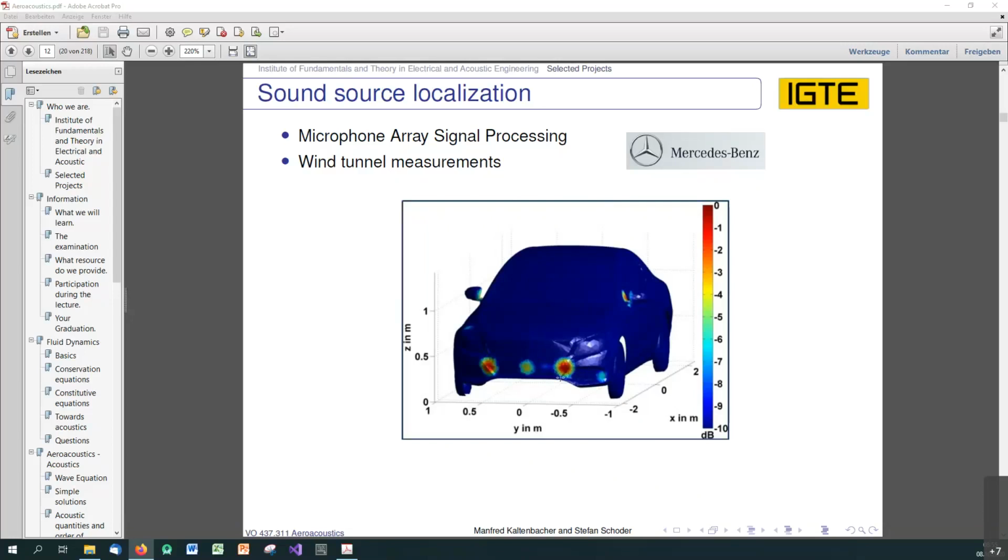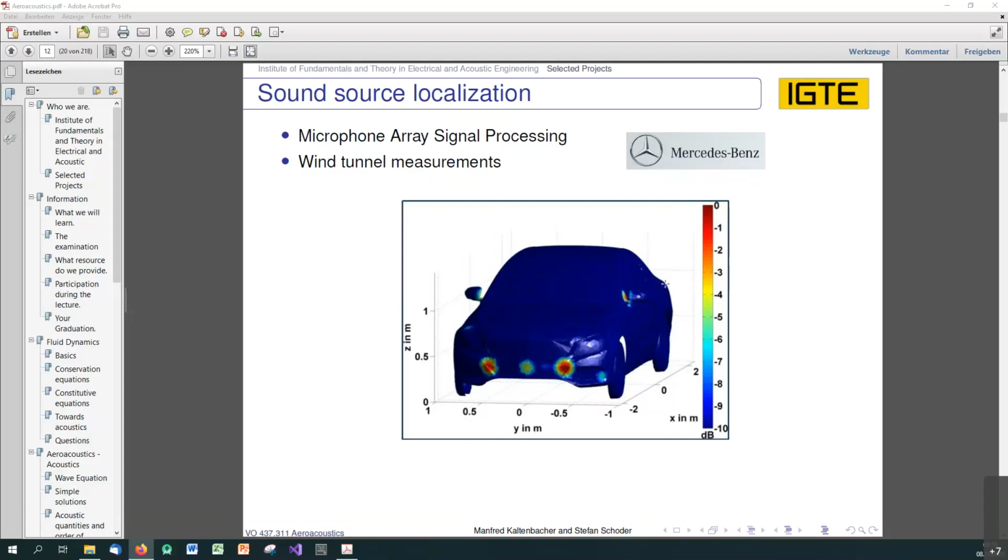The sources are probably there because there is a kind of an edge in the car body where the flow is accelerated into these directions to move along the side of the car and through the bottom of the car. And also there are sources close to the side mirror, and at this specific frequency, I don't know what it was exactly, but there are the main sound sources.